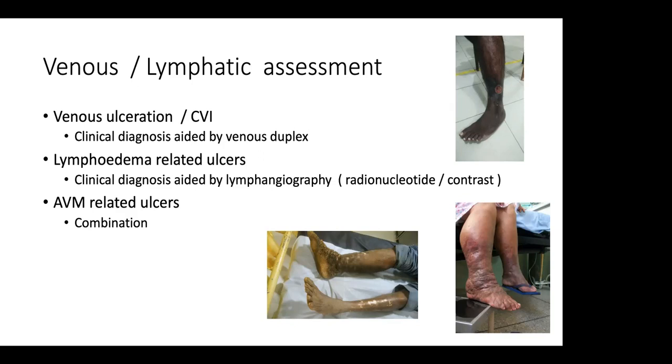There'll be discoloration, pigmentation, black-looking colors. You can see varicose veins, sometimes you might see swelling. All these things will point you towards a problem of the venous system. Sometimes the lymphatics also look like it, a different pathology, but it's probably okay to put them in one group because the management tends to be rather similar.